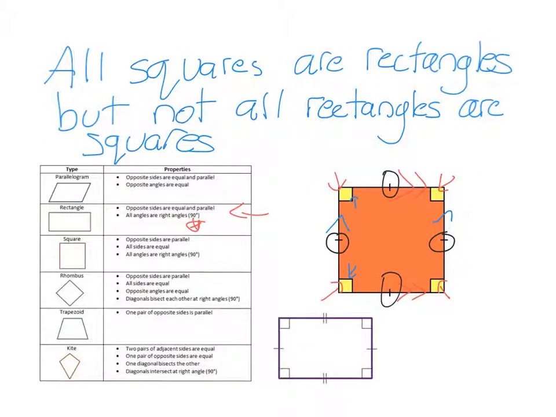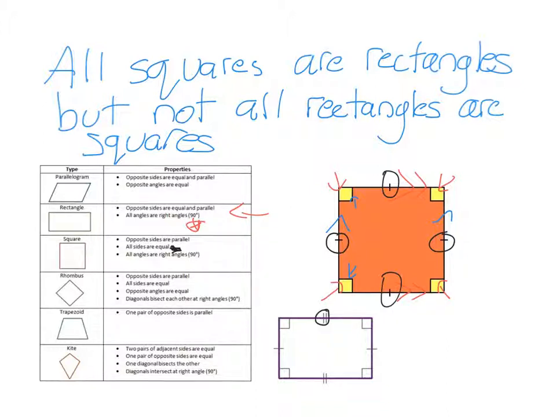So if we look at this shape here that I've just put up, the purple rectangle, you can see that of course, it's a rectangle. It has all its angles equal to 90 degrees. You can see that it has 2 pairs of equal and parallel sides. But a square has an extra definition that all sides are equal. That's this one here.